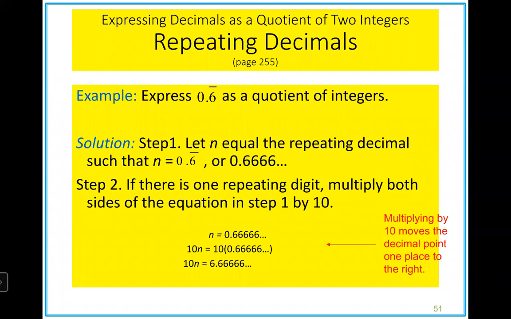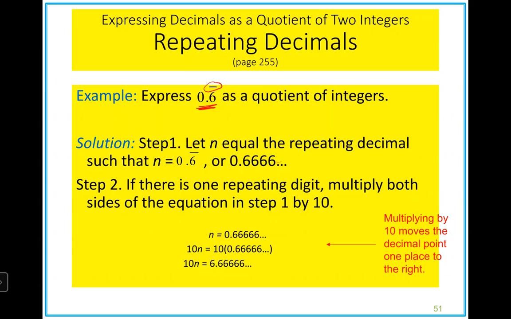They have an example. It says express 0.6 with the bar over the 6. You see the bar over the 6? That means that the 6 repeats. The solution is: let n equal the repeated decimal. So they give n equals 0.666 and so on.